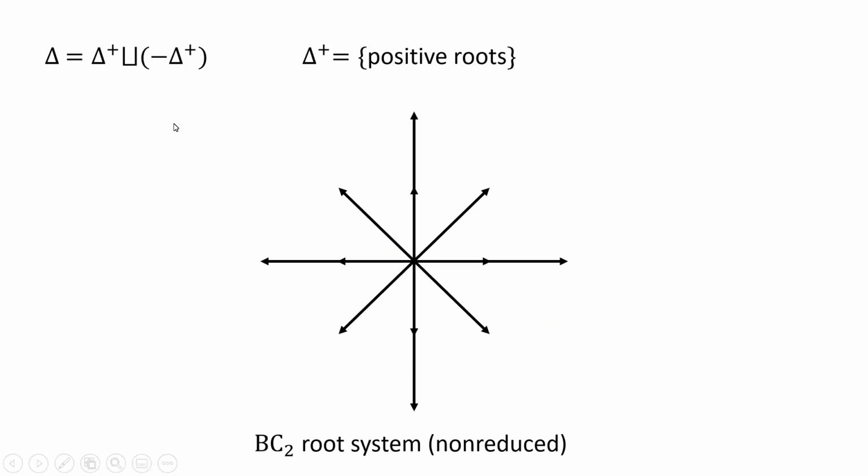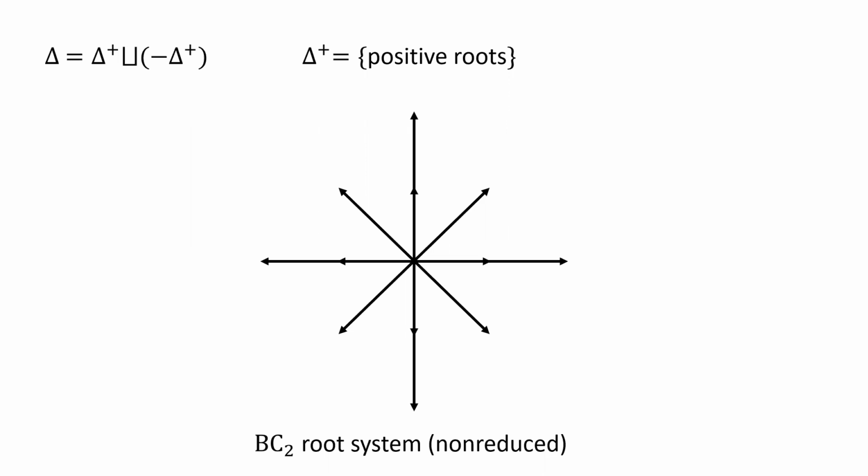Let's see how to do it through an example. Here I'm considering a root system of non-reduced type. This means that we have some roots here, for instance, this one here, that admit a double root. Okay, so this root system does not appear in the classification of compact groups or in the classification of complex semi-simple Lie groups.